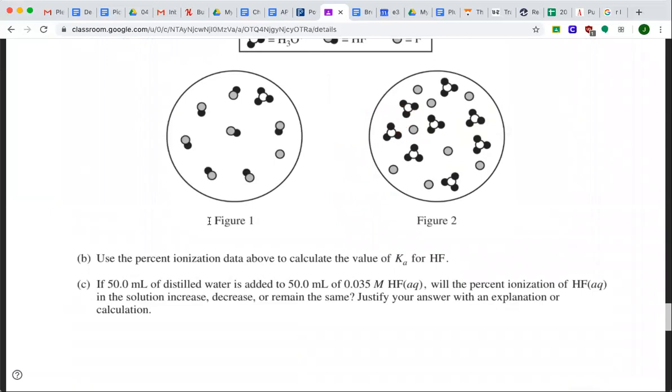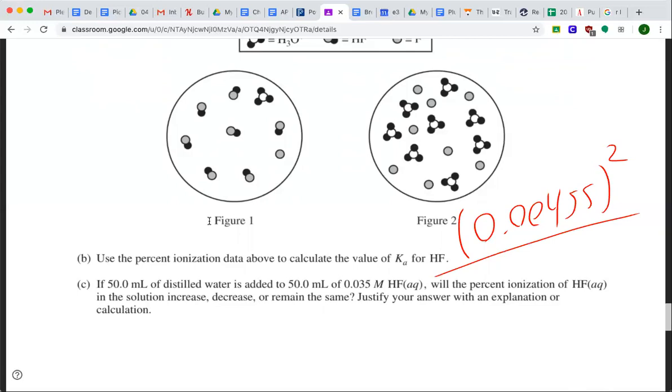So 0.035 times 0.13, that's going to give me 0.00455. So you're going to have 0.00455 squared divided by 0.035 minus 0.00455.